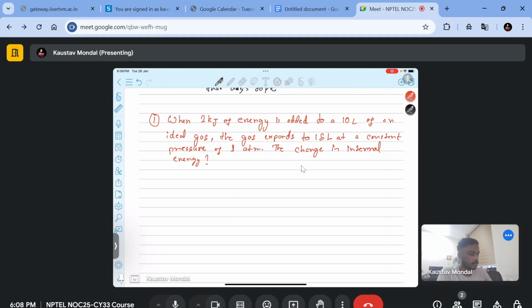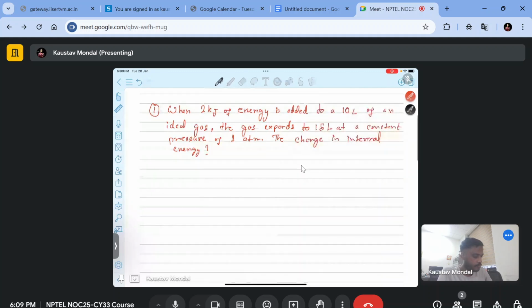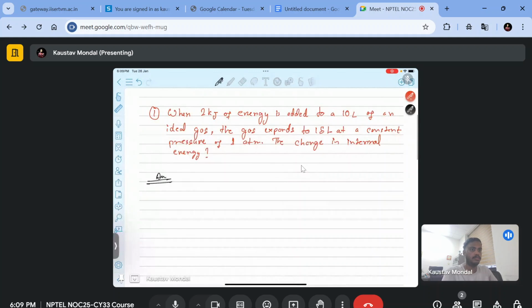Now, what are the information that are given in the problem? It's given that the energy that is added to the gas, so that means the heat energy mainly. So here dq is 2 kilojoule.